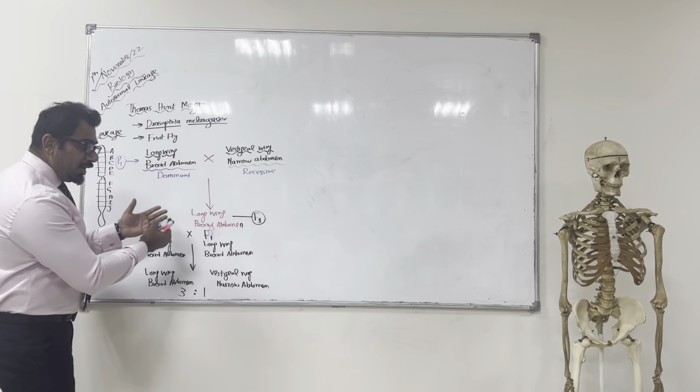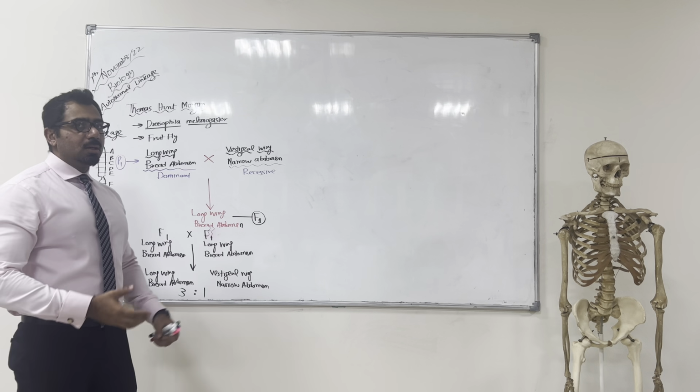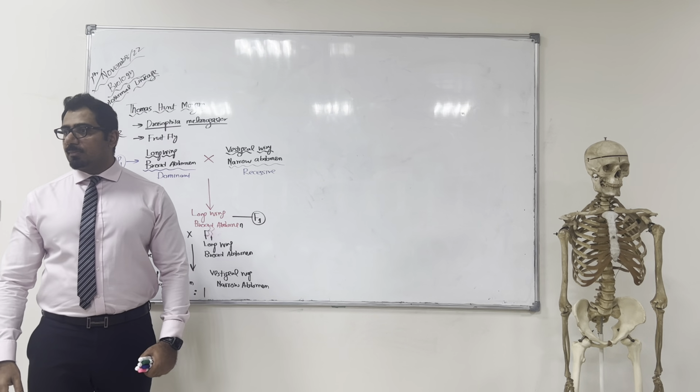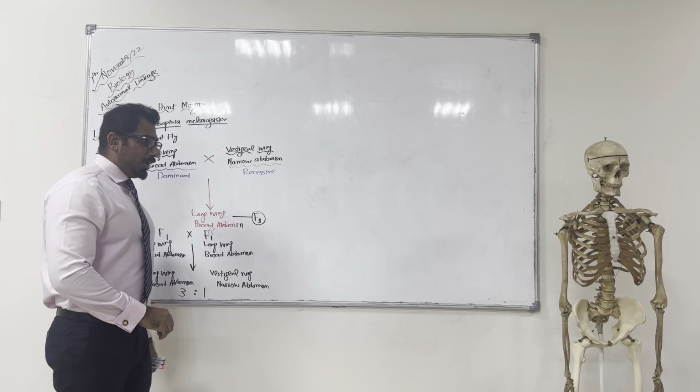Now, till now we have learned one thing. What? If there is a dominant trait, just write the capital letter. If there is a recessive trait, just write the small letter. But here, in this dihybrid cross, and even in the dihybrid cross of the pea plant for tall and yellow, what were we doing?